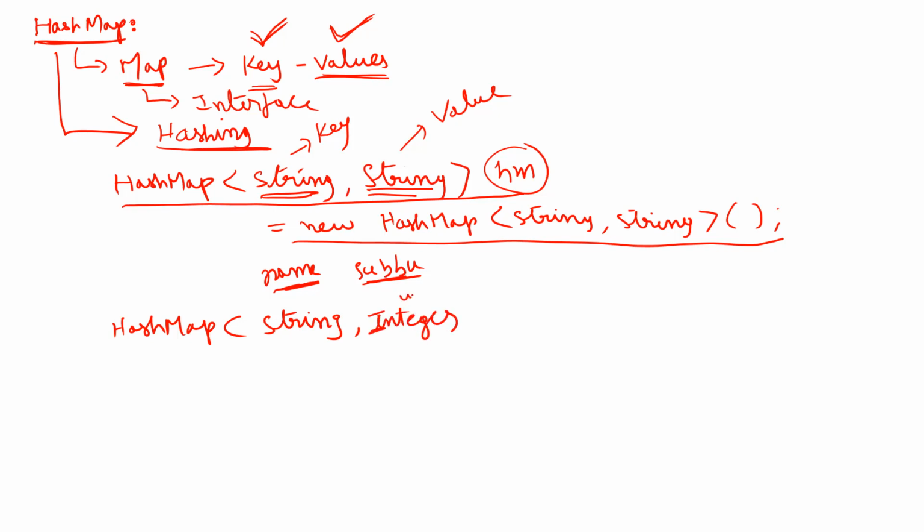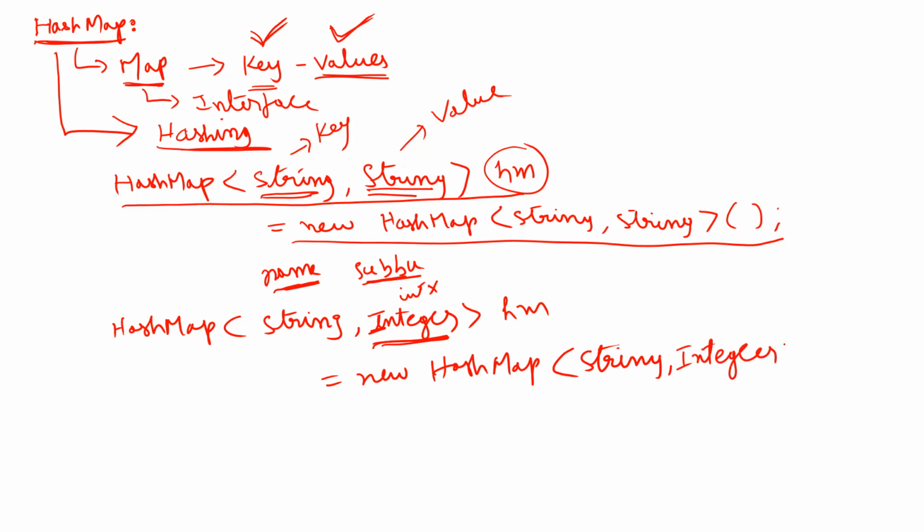Instead of int we should not use int, because it takes an object, we have to take it as Integer, and then give some name to that one, equals new HashMap of String, comma, Integer. So this is how we can define a String and Integer. So this string is nothing but ID, and this integer is nothing but, let's say 1, 2, 3. The actual ID value is 1, 2, 3, which is an Integer object. So this way we can define a hash map.